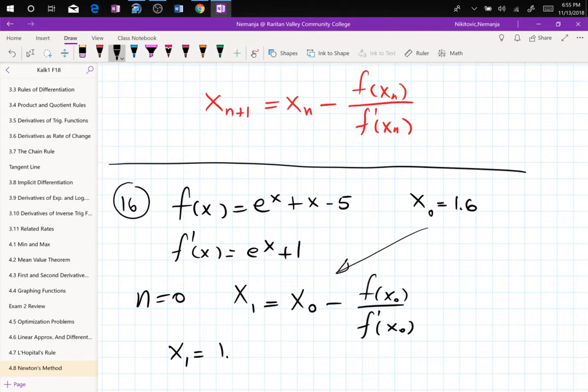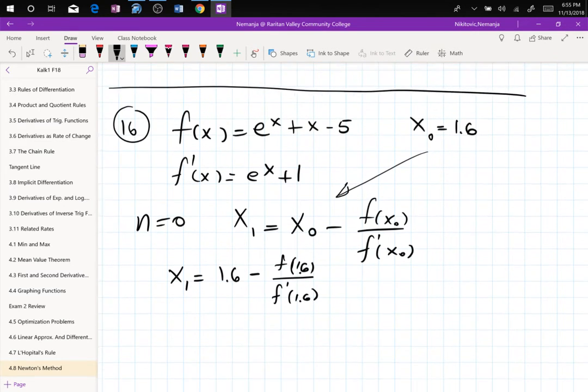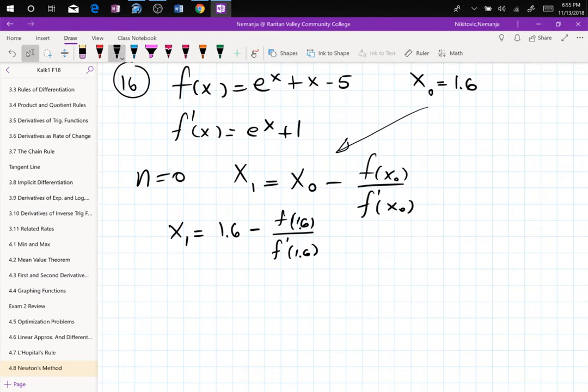So x0 is 1.6 minus the function computed at 1.6, divided by the derivative computed at 1.6. So x1 is equal to, we have the function, so now you can use your abacus to figure these values out. We have 1.6 minus a division line, right?